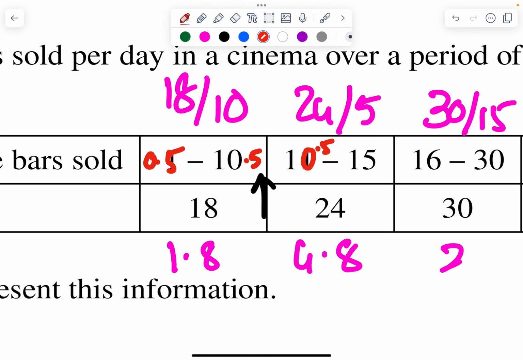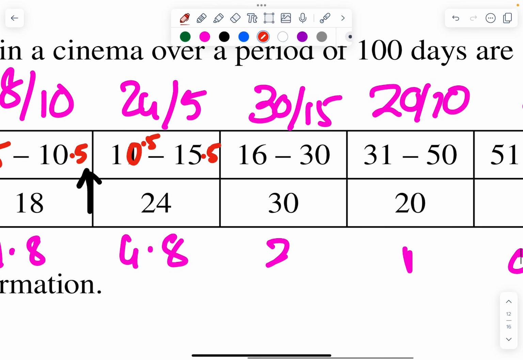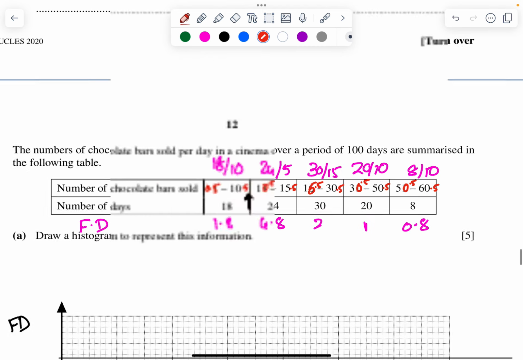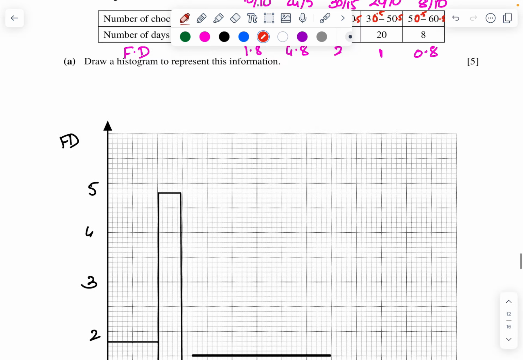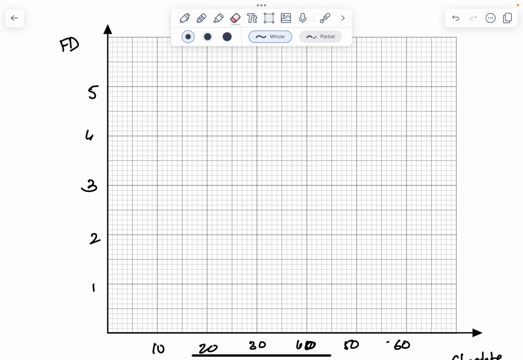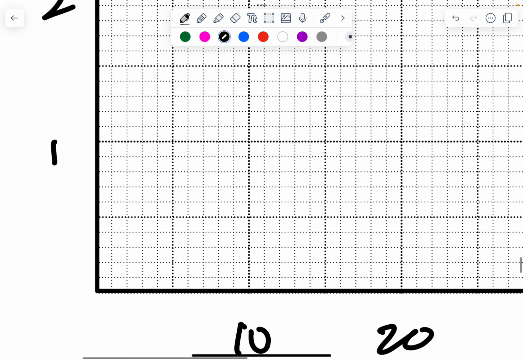Similarly, this becomes 10.5 and 15.5, then 15.5, 30.5, 30.5, 50.5, 50.5, 60.5. So you should make it continuous. So from 0.5 to 10.5, erase this, and from 0.5 till 10.5 it is 0.8.